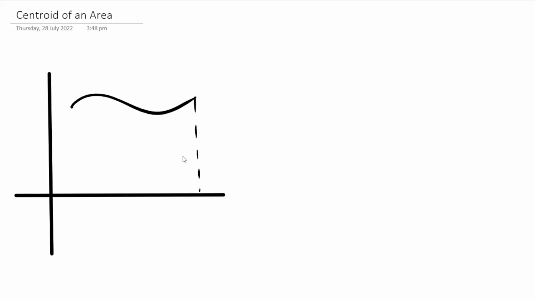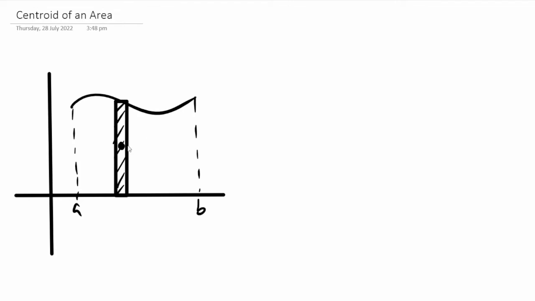This is our limits from A to B, and then our strip is going to be this here. Now we shade the strip, and the centroid we are looking for is on the middle of the strip right here. This is our centroid, the dotted line, and the dot here.